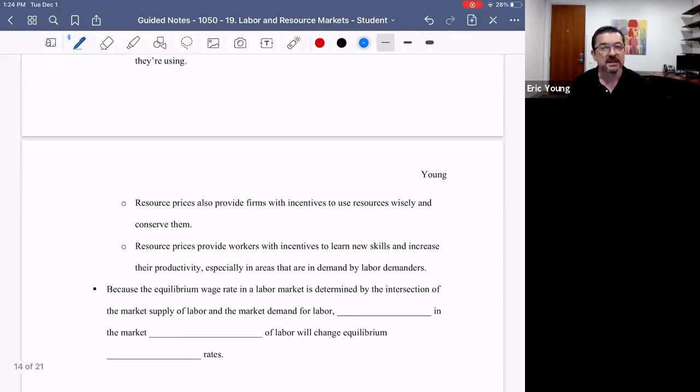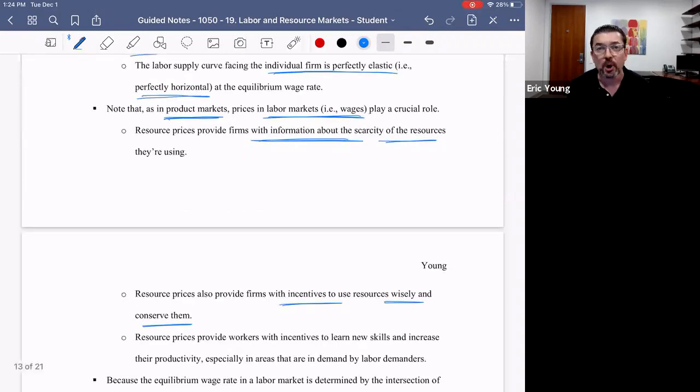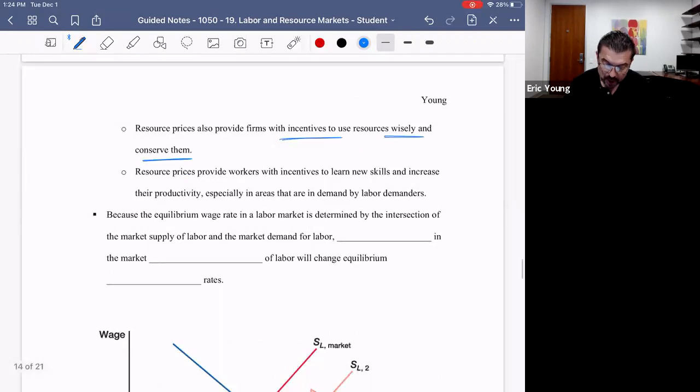Number two, tied to that, these resource prices give firms very strong incentives to use resources wisely, to conserve them, to substitute out of them if the prices get too high. So from the point of view of the firm, the resource prices give a lot of critical information that in turn provides incentives that affect decisions.